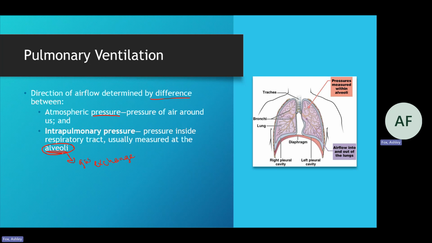If air is not getting down into the alveoli, then external respiration's not occurring. That's not good. So we look at the pressure changes again. If we have higher pressure in the alveoli, then air is going to move out. If we have lower pressure in the alveoli, then air is going to move in.